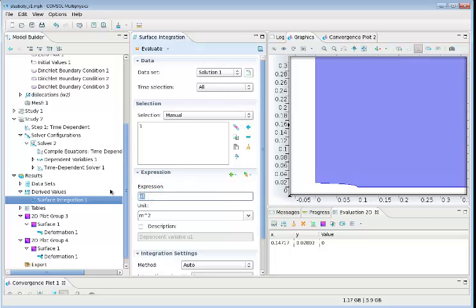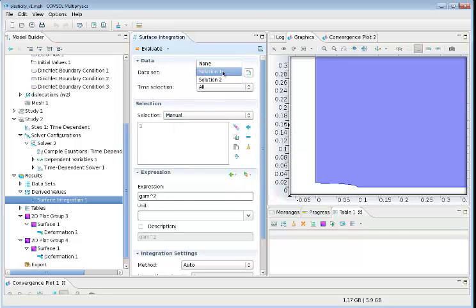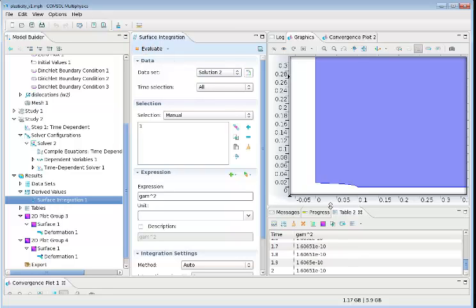So this isn't solution 1. So in solution 2 this should work. Okay. So you notice this is pretty constant after about 1.6 seconds or 1.7. So we know we've run this out far enough.